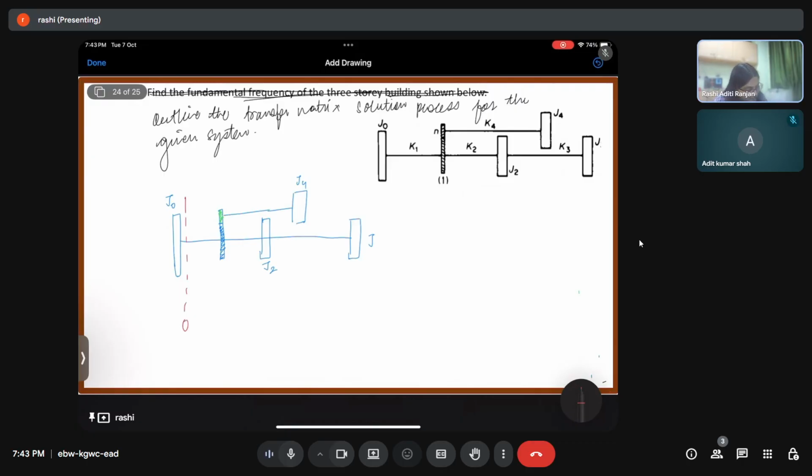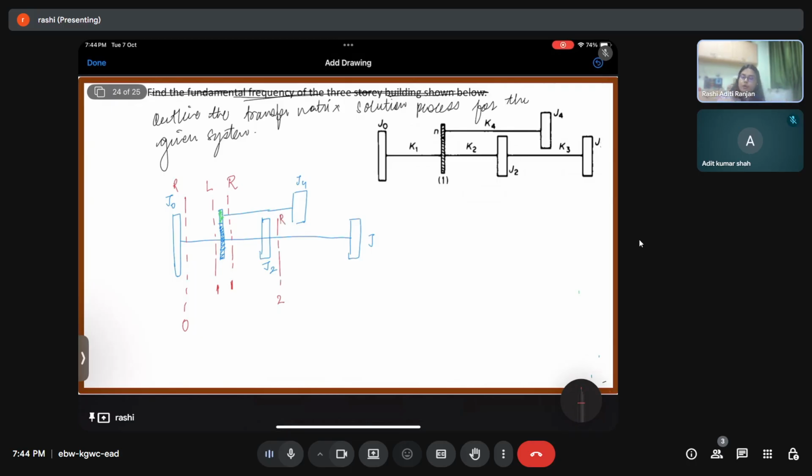And this is the right hand side. This point is point 1. This point is also point 1. However, this is the left of point 1. This is the right of point 1. This we can take as point 2. And this is what? R. Because we are concerned about R only.